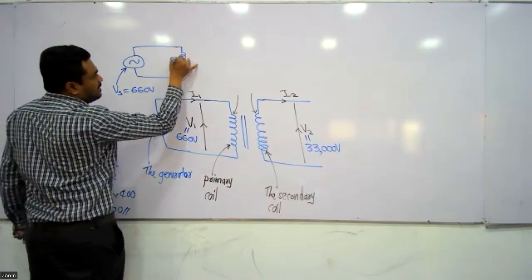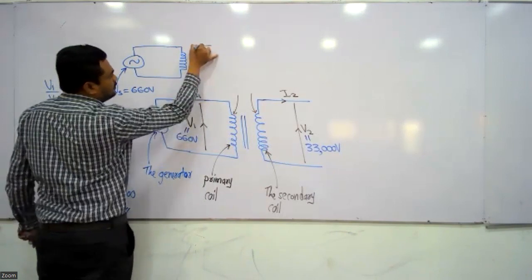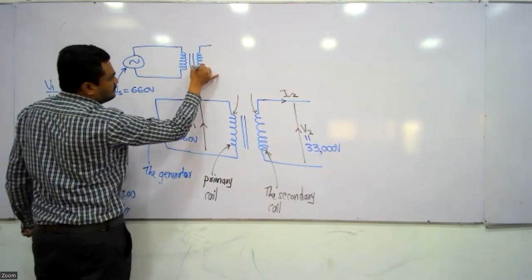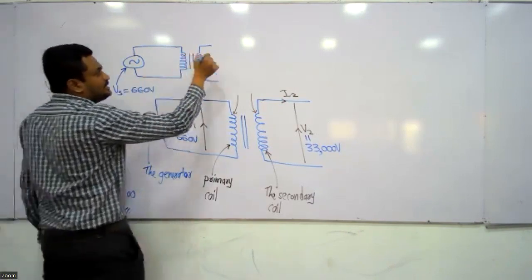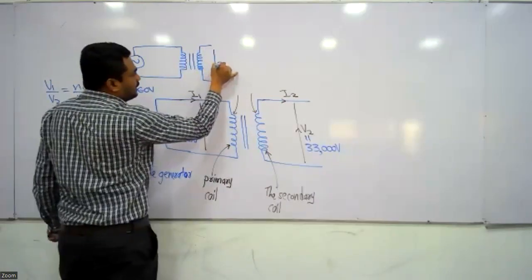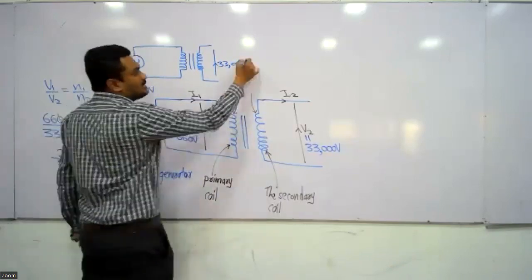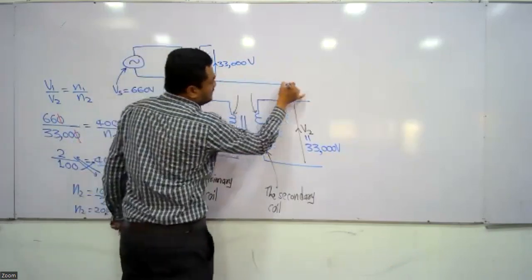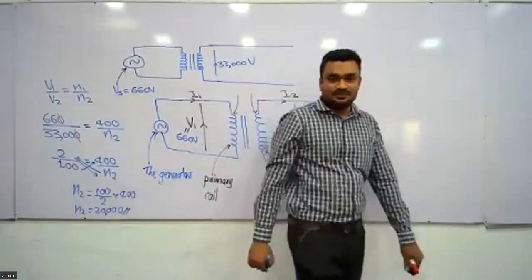Then the first transformer increases this voltage up to 33,000 volts. So what kind of transformer is this here? Step up transformer or a step down transformer?